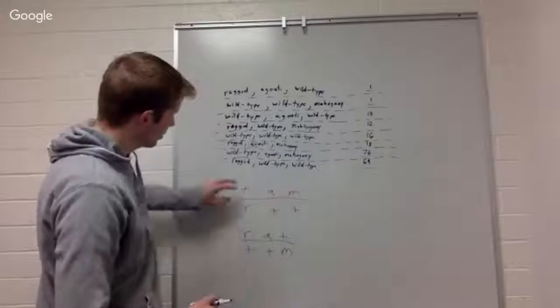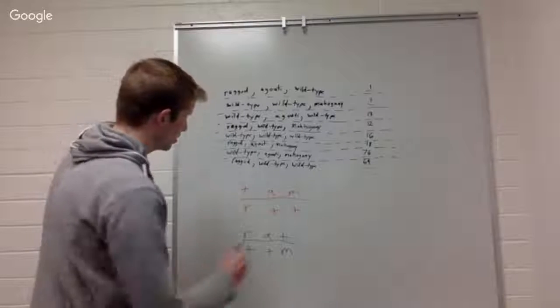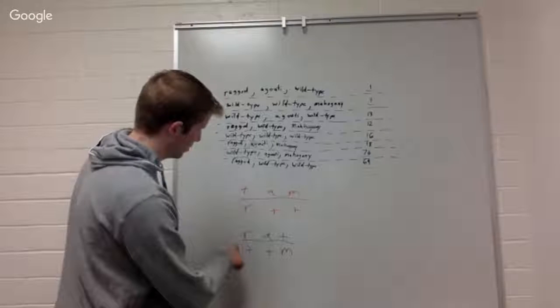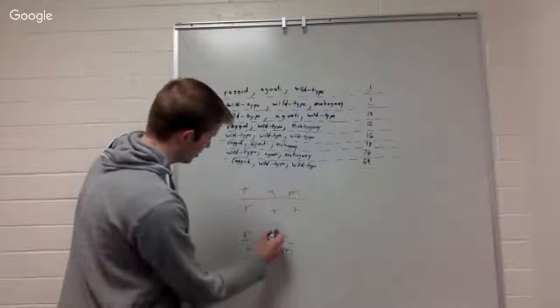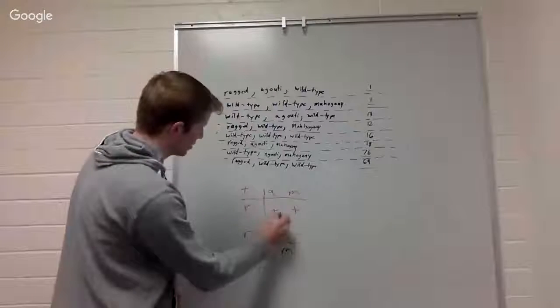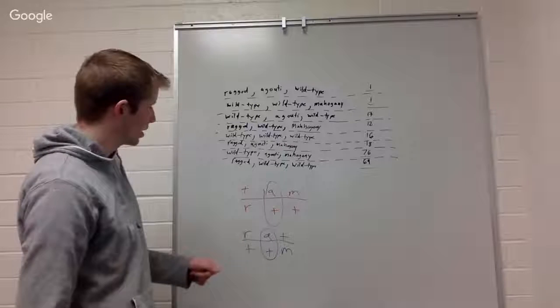And so when we look at this one compared to this one, we see that these two are flipped from this side. And so if we were to flip this, we would have the parent type.